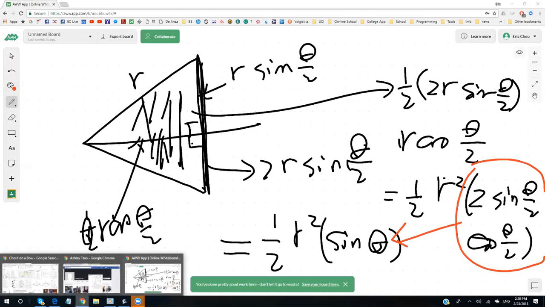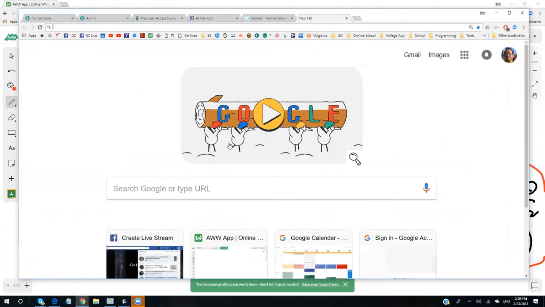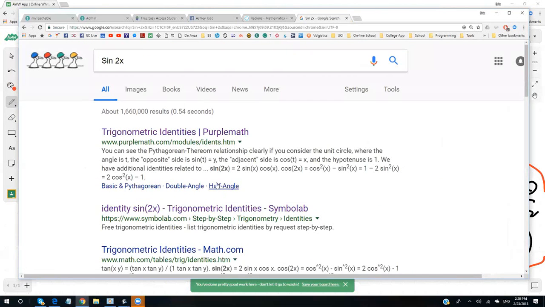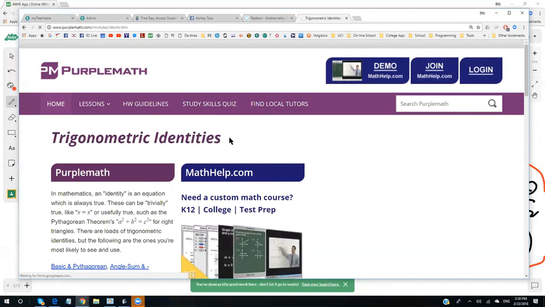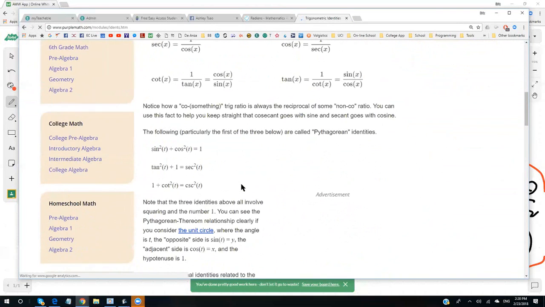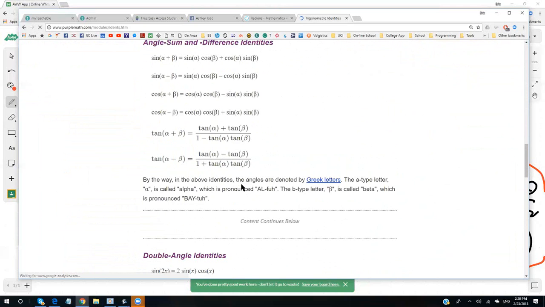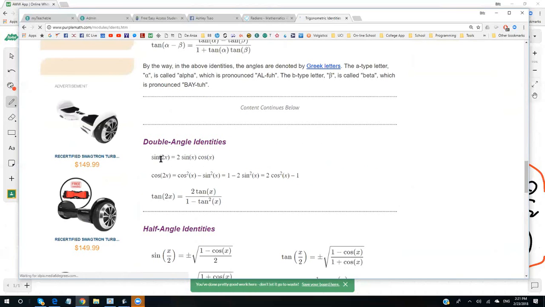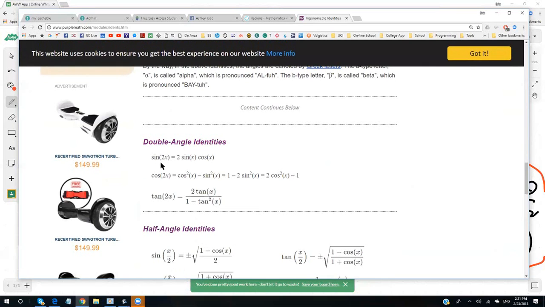And you can find this from sine 2x. Sine 2x is 2 sine x times cosine x. So if theta is 2x, then x equals half theta, and sine theta is 2 sine half theta times cosine half theta.